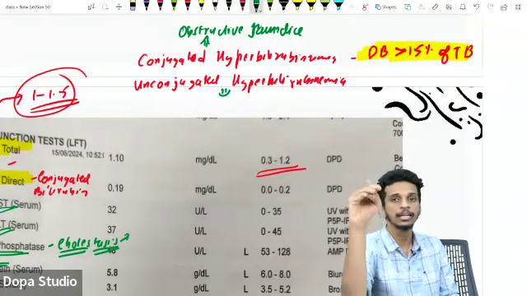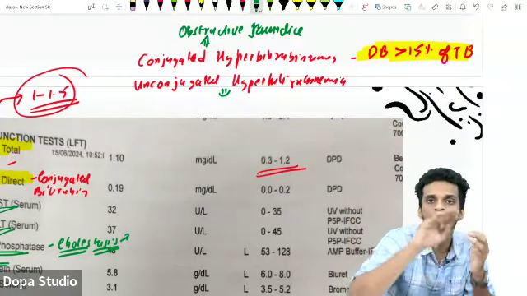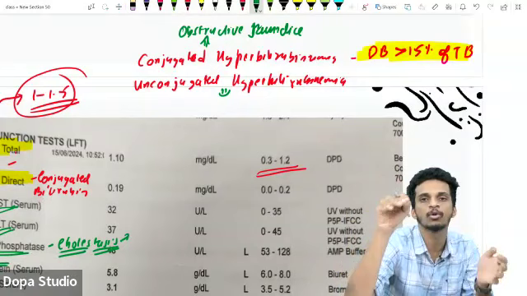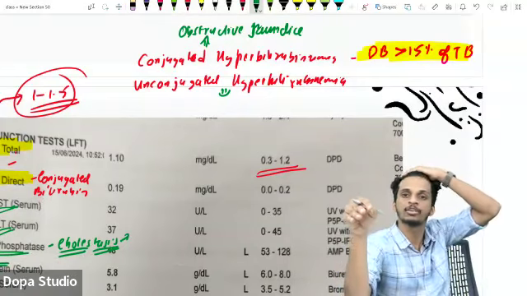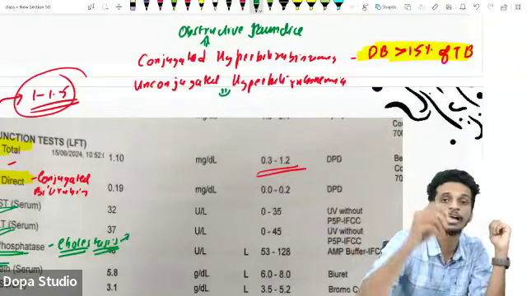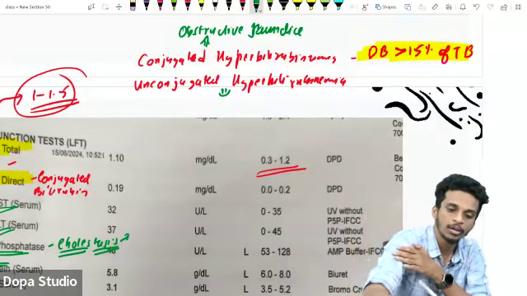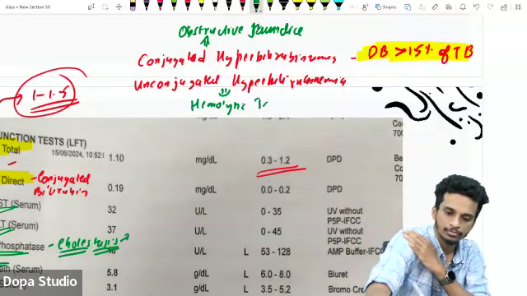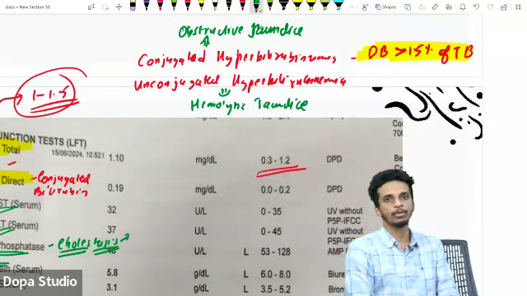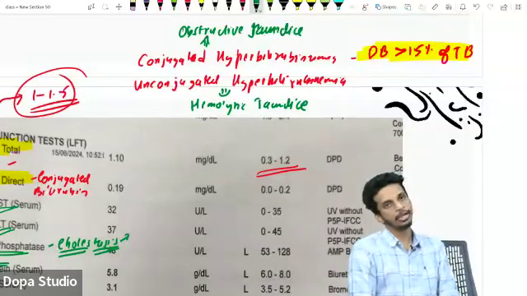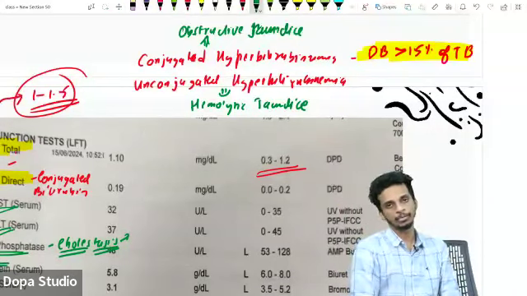When there is increased destruction of RBCs, because that causes hemoglobin to be released, and the end product of metabolism of hemoglobin is bilirubin, which is indirect or unconjugated bilirubin. So you get unconjugated hyperbilirubinemia in hemolytic jaundice and conjugated hyperbilirubinemia in obstructive jaundice.